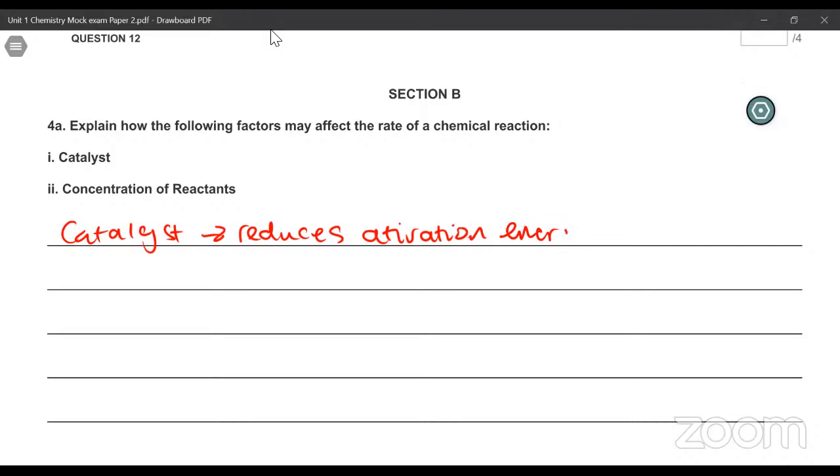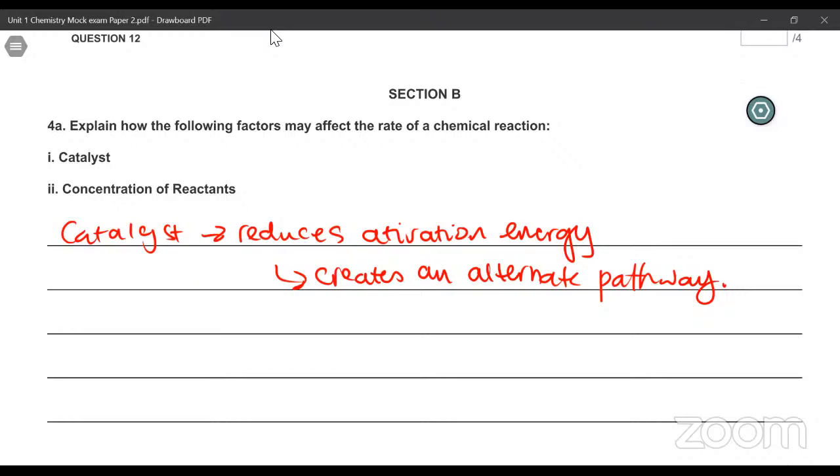That creates an alternative pathway for the reaction to progress. How this helps to speed up the reaction is that when this alternative pathway at a reduced activation energy is created, there are more particles in the reaction that are able to reach the energy required to kick off the reaction.